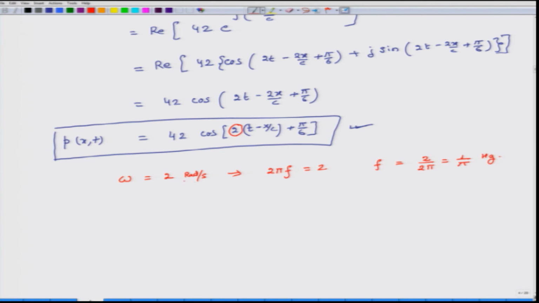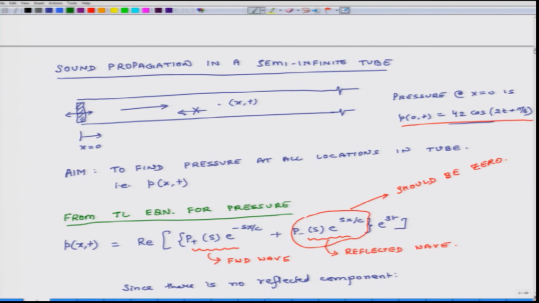So, the angular frequency is 2 radians per second, the frequency is 1 over pi hertz, and then what does pi over 6 represent? Pi over 6 represents the phase of the wave. Where does this come from? It comes from our initial condition. Both these parameters, 2 and pi over 6, come from the boundary condition related to x equal to 0, and so does this term 42.